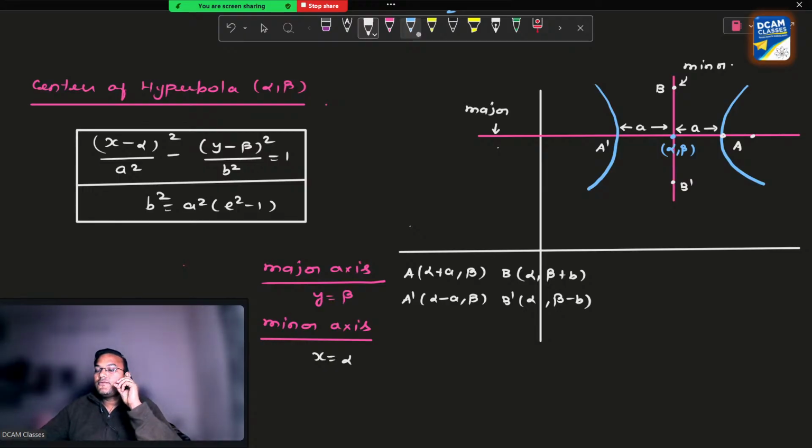Now give me the foci, S1 and S2. Kanishka, tell me what should be the foci S1?